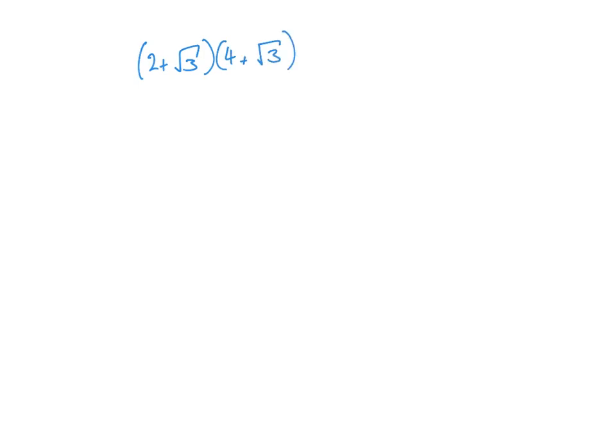Again, when I do this, sometimes I use the FOIL method when we had brackets before. It's FOIL standing for the firsts, the outers, the inners, the lasts, and with different ways of doing this, but essentially I'm going to multiply the firsts together. So 2 times 4 is 8. The outers, so 2 and root 3, well 2 times root 3 just gives me 2 root 3.